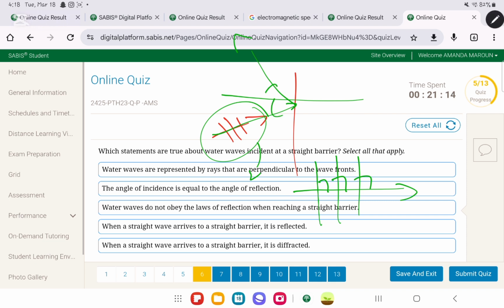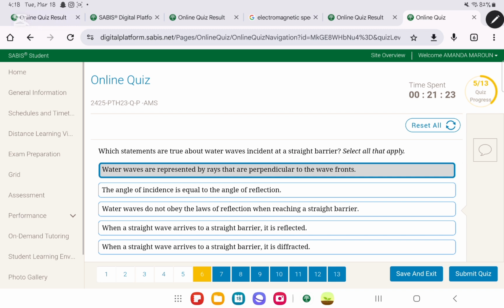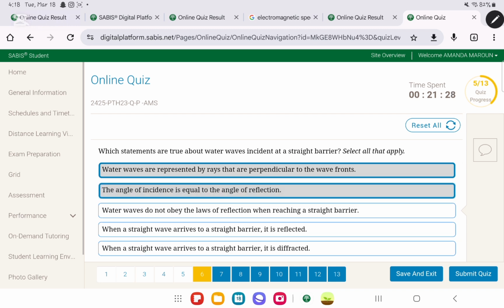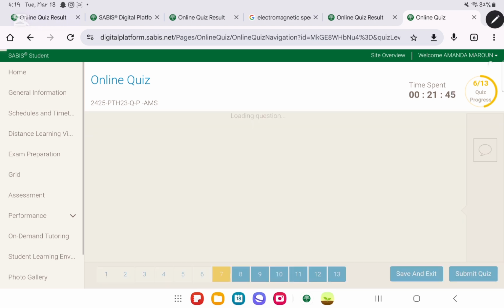That means this angle is equal to this angle, so the incident angle is equal to the reflected angle. So in this case, we have that water waves are represented by rays perpendicular to the wave front, the angle of incidence is equal to the angle of reflection, and water waves do obey the laws of reflection. When a straight wave arrives at a straight barrier, it is reflected.